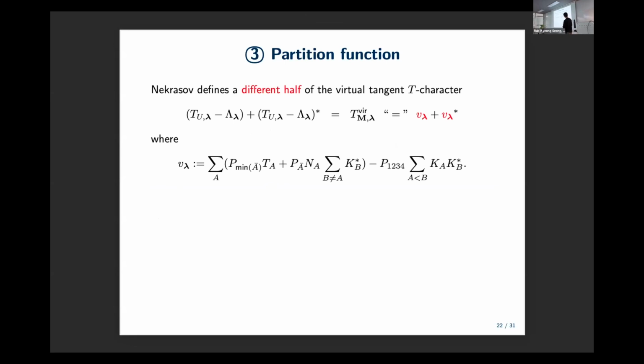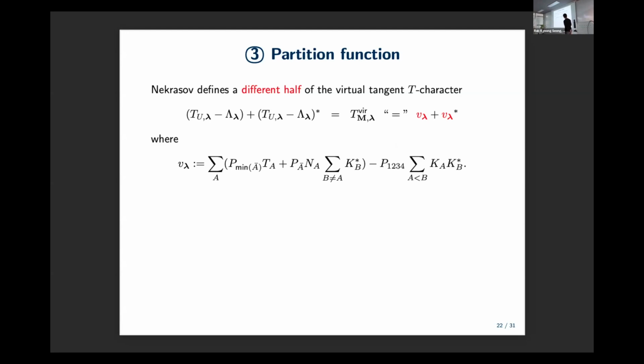But somehow, very surprisingly to us, Nekrasov defined a different half coming from physics intuition, I guess. I heard that this is related to the JK localization formula. He defined a different half instead of what I just wrote, t minus lambda. He defined this v lambda, to me out of nowhere as a mathematician, and then he wrote down this explicit formula.